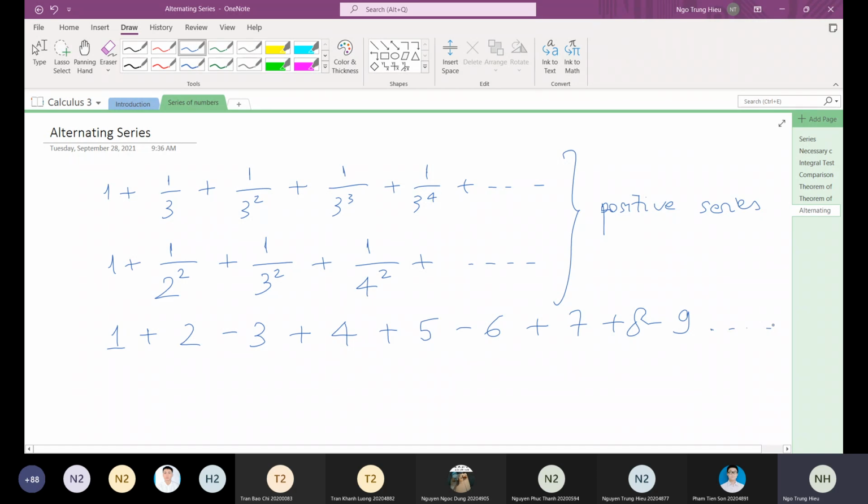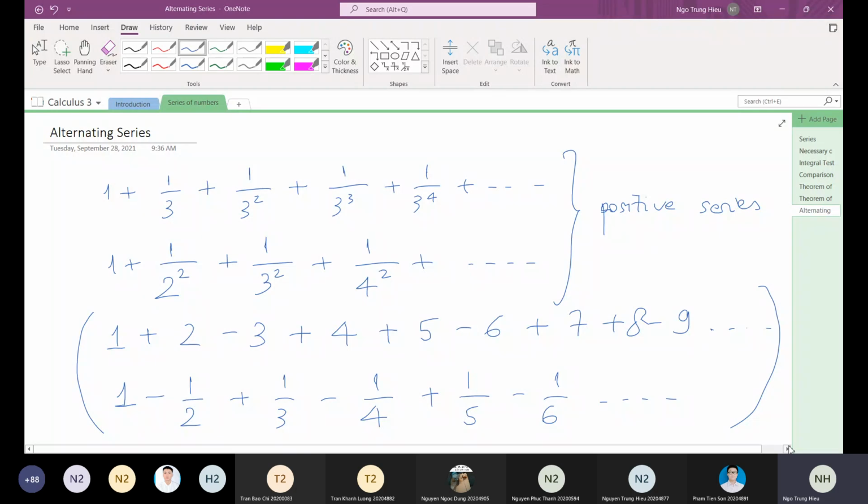Or we can have 1 minus 1/2 plus 1/3 minus 1/4 plus 1/5 minus 1/6, and so on. Right? So we want to compute the series with plus or minus signs as well.